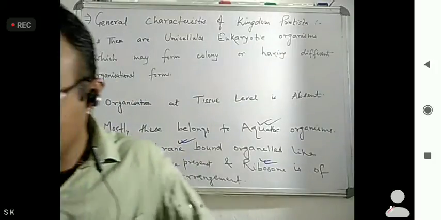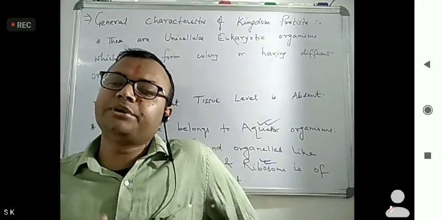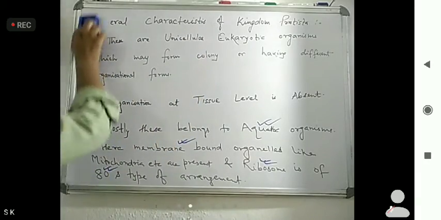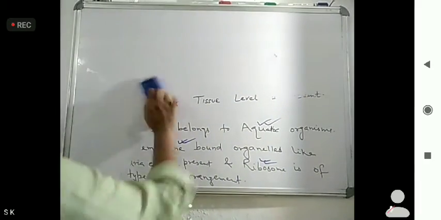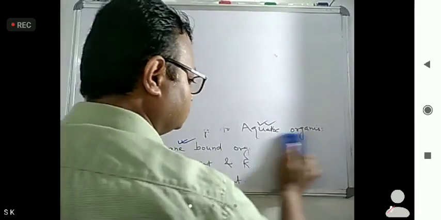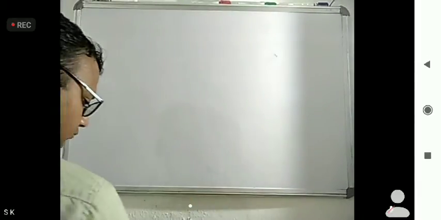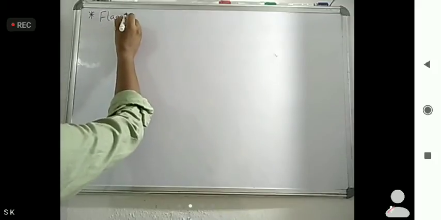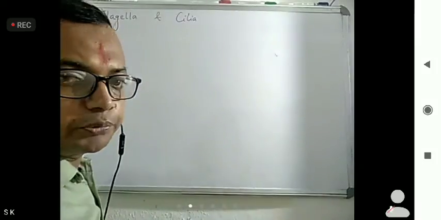Okay. Now here what happens, flagella and cilia are present, and they have a 9+2 arrangement. Flagella and cilia, these are for what purpose? For movement.